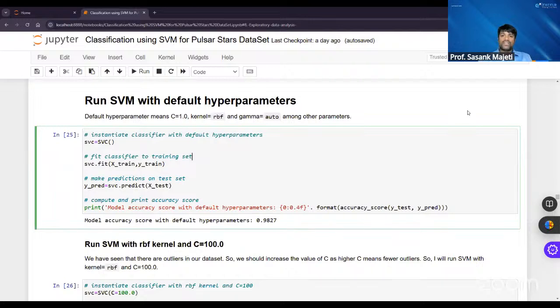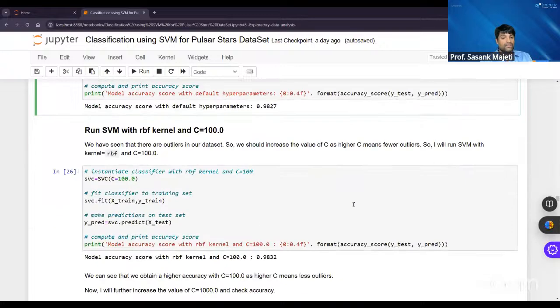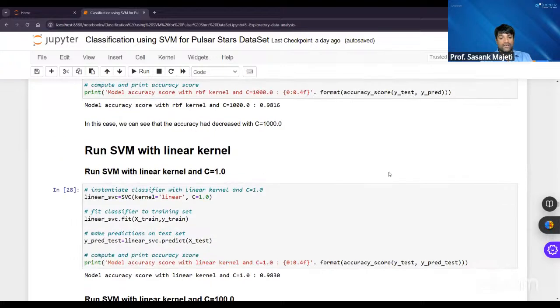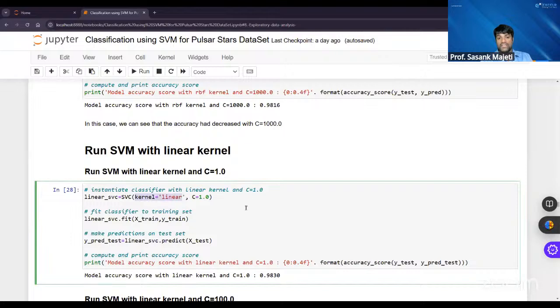We are not mentioning any particular kernel, for example a radial basis function or the linear kernel. After that, we will go with the different kernels, such as the linear SVM, where the kernel is linear. We will use that later.